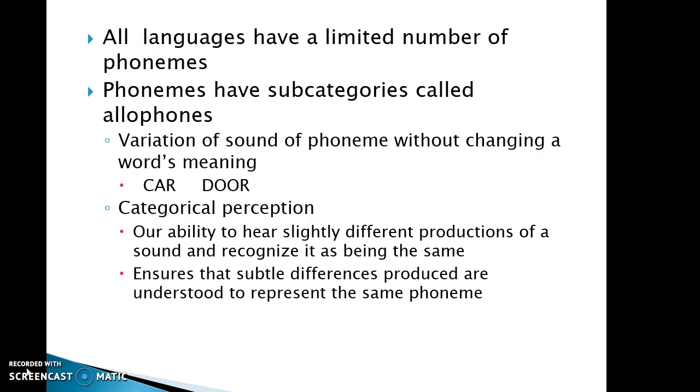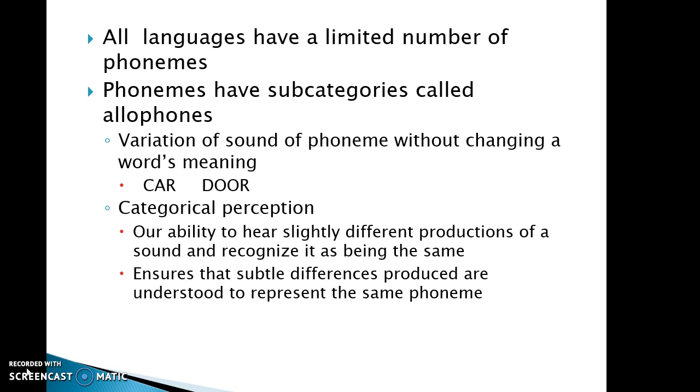We do know that all languages have a limited number of phonemes, and that phonemes have 2 things that are important here. One is allophones, and what we're talking about with allophones is really just a variation of a sound of a phoneme without changing the word's meaning. And so car, door. Those 2 R sounds in those 2 words are quite a bit different, even though they're both a variation of the R sound.